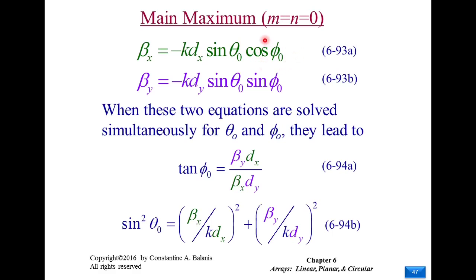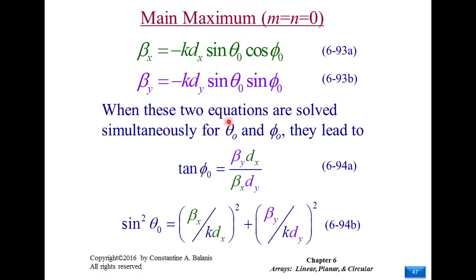Once we know phi naught, it's just two linear equations solved simultaneously. We can have a closed form expression, which I don't recommend people to memorize. So we have two equations, we can solve them simultaneously. I'm sure that you can do this easily. So this is a way to find the direction of the first maximum.